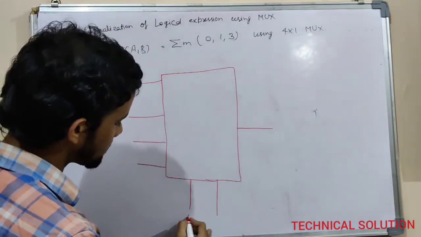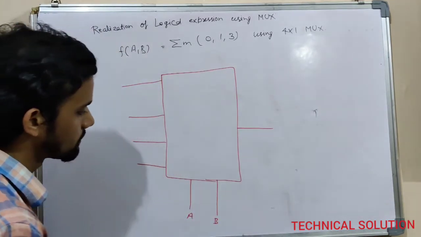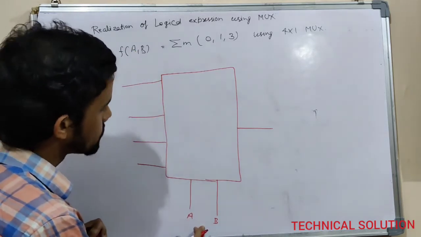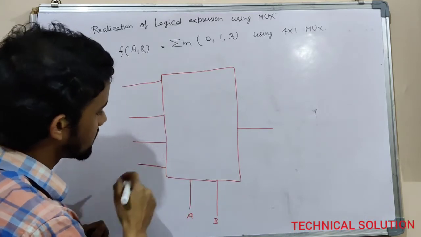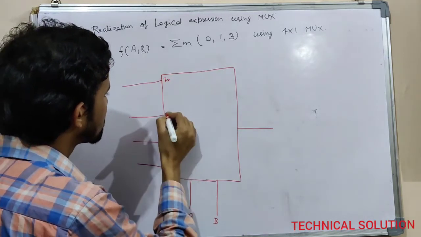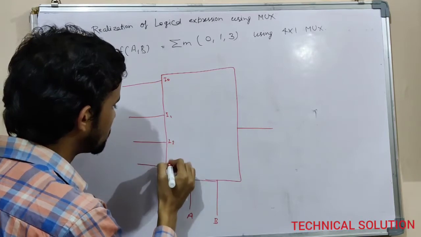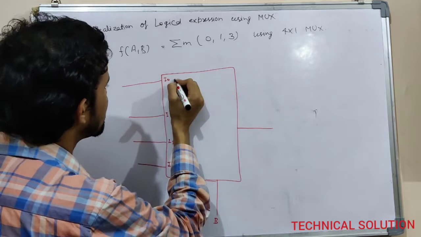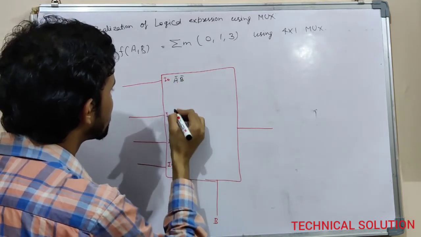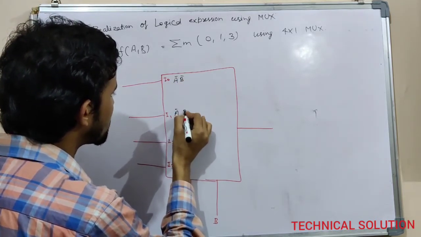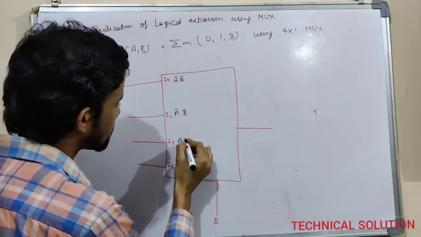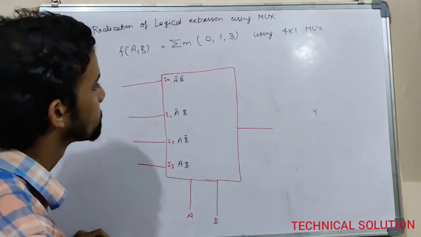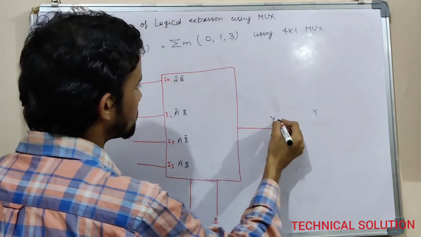This selection line is A B. The inputs are given by I0, I1, I2, I3. In terms of selection line, we can also write it like this: A bar B bar, A bar B, A B bar or AB. And this is the output Y.